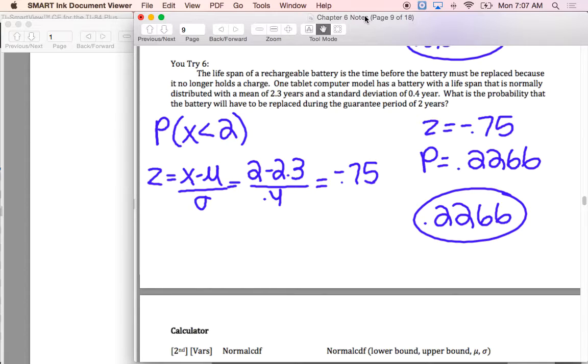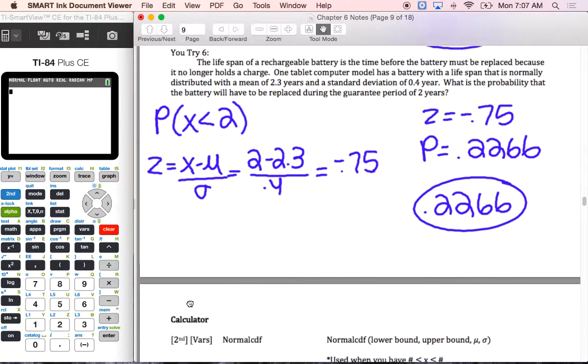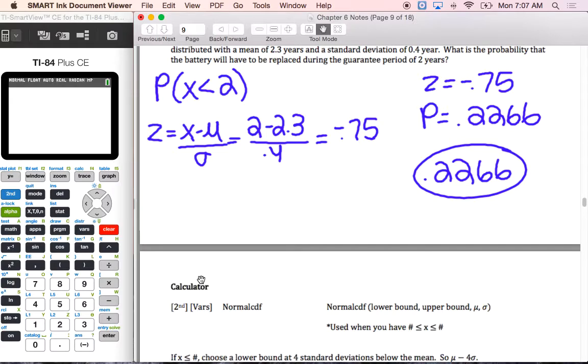You can go through your calculator with these. So here it says use the normal CDF. I never use this because I think it takes more work to go through than it actually is helpful with. So if you want to go ahead and use it, this is fine. Just make sure you know how to use it when going through your tests and your quizzes.